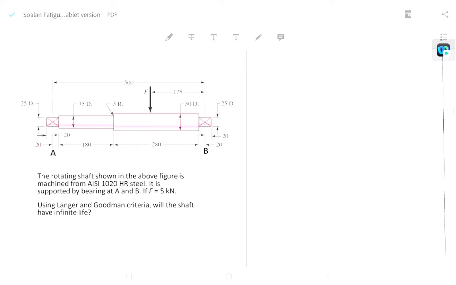So we have to decide whether the shaft will be safe, with infinite life, or will fail within a certain number of cycles, finite life.